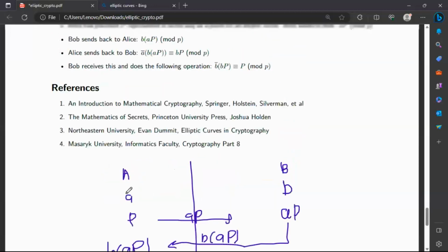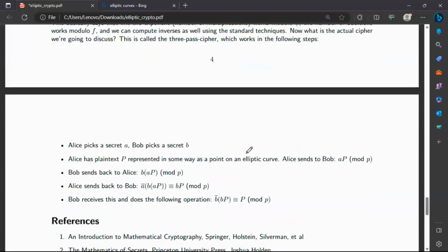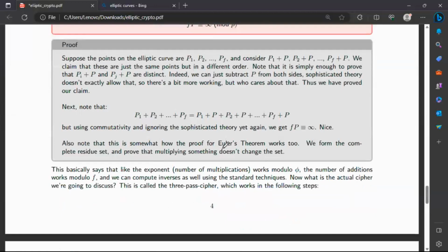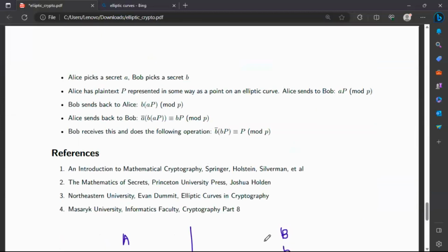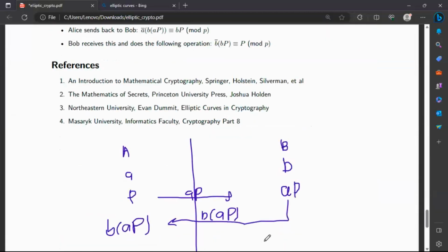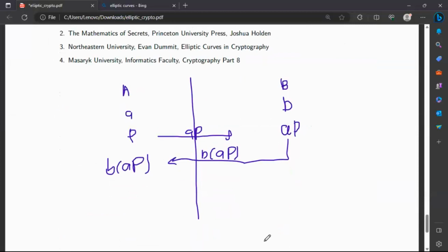Since we have f, which is the equivalent of phi, we have that, but we don't care.